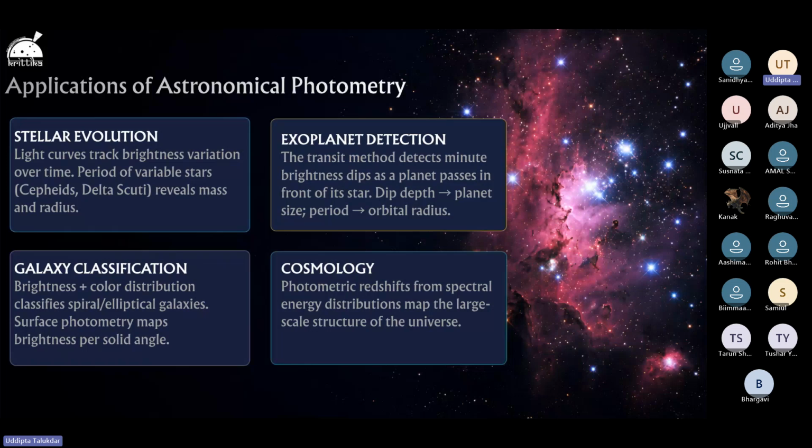That's exactly what we do with exoplanets. The star dips might be just 1% for a few hours. The depth of the dip tells you how big the planet is. How often the dip repeats tells you how far the planet is from the star, because we can study the period of revolution and so on.